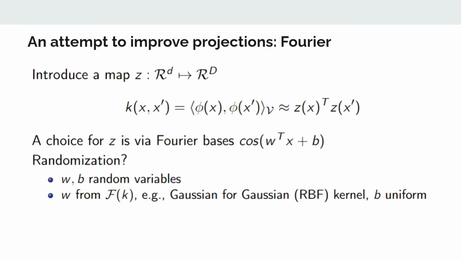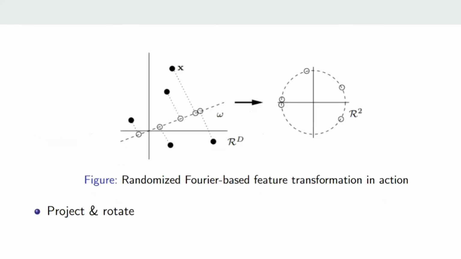And B is uniform from the circle, minus 2 pi to 2 pi. So in pictorial words, it first projects with W and B, the usual stuff, but also rotates. So this is the main difference between this Fourier-based transformation and the usual Gaussian one.